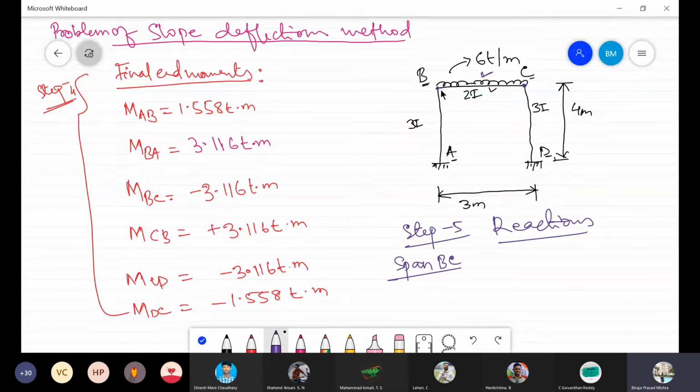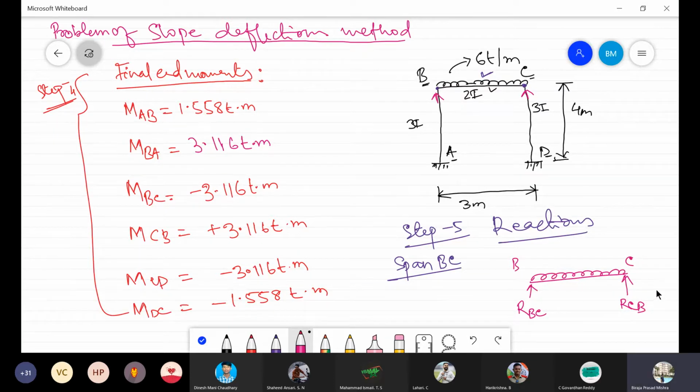So it means that there is a vertical force in this direction and another vertical force in this direction. If you draw the free body diagram, this is the span, this is B, this is C, and this is RBC, for example, and this is RCB.